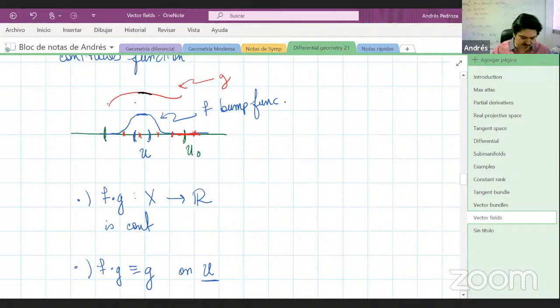Here it agrees, only here. And then I don't know. But that's the extension of the function. It only agrees with the function here, not on all of the domain.